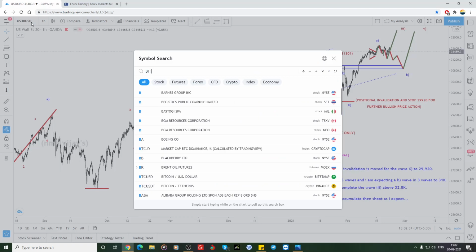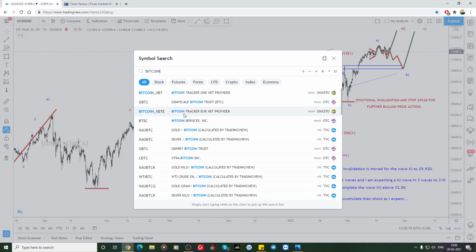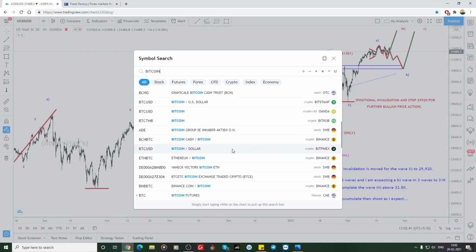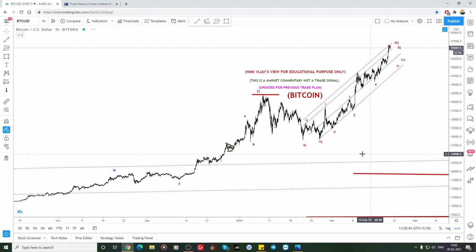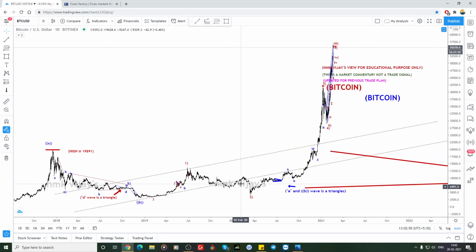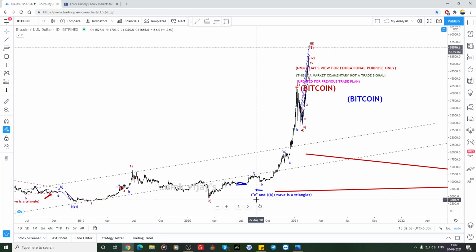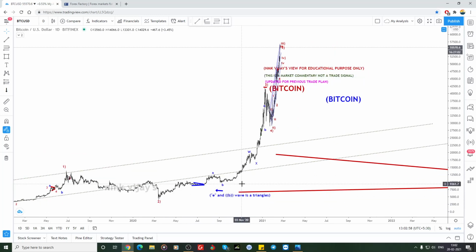So let's move on to Bitcoin. See, I had one idea, and I have explained that also. So each, that C wave got a diagonal pattern. So ABC is a 1, ABC is a 2. So here it's A, B, C, W, X, A, B, C is a third.